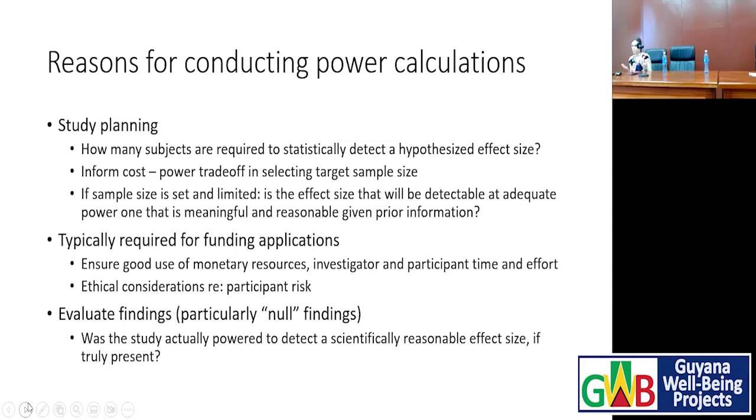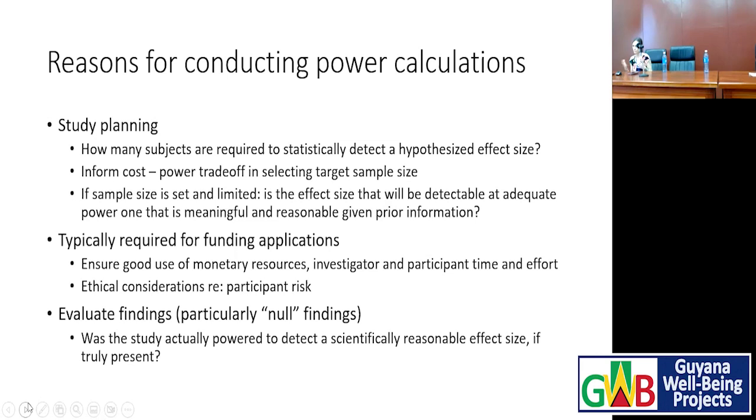It's going to inform cost, in terms of the trade-off between selecting your target sample size and costs: money, resources, time, participant effort in order to have a bigger sample size.